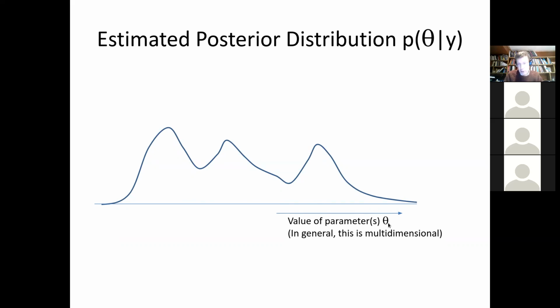In general, of course, there are many dimensions here. It's not just one dimension, but for simplicity and for showing it visually, it's easiest to imagine, for now, one distribution. So that rule I just gave you will tell you for any value of theta what the value of this is. It'll know, oh, it's quite high here. Oh, it's low there.